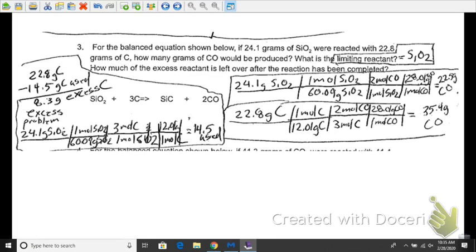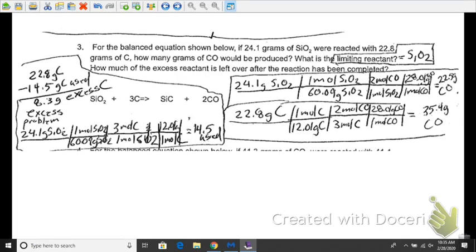You can stop there and still figure out your limiting. So you stopped after you didn't go all the way to grams, right? That's okay, because you still can find the limiting, right? Because it'd be the least number of moles. And so it'd still be SiO2, right? Okay.